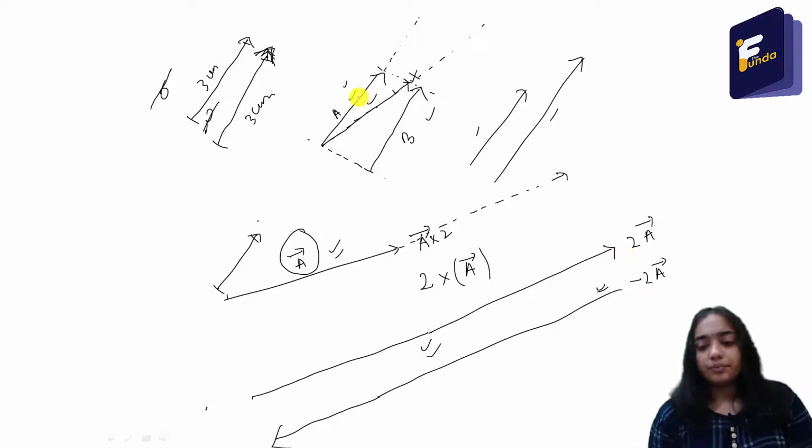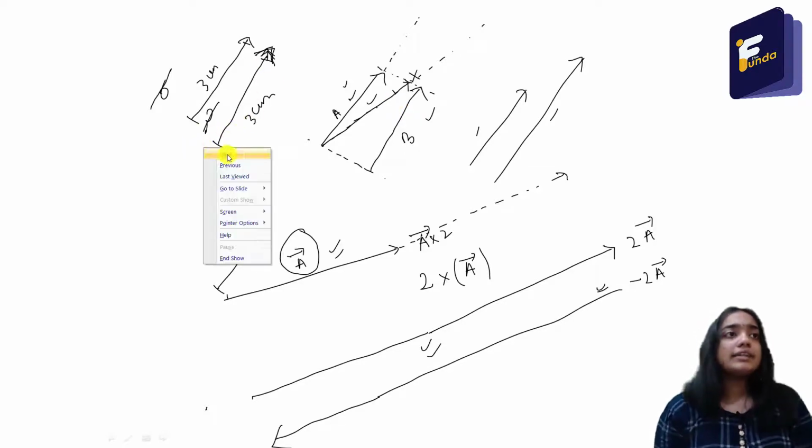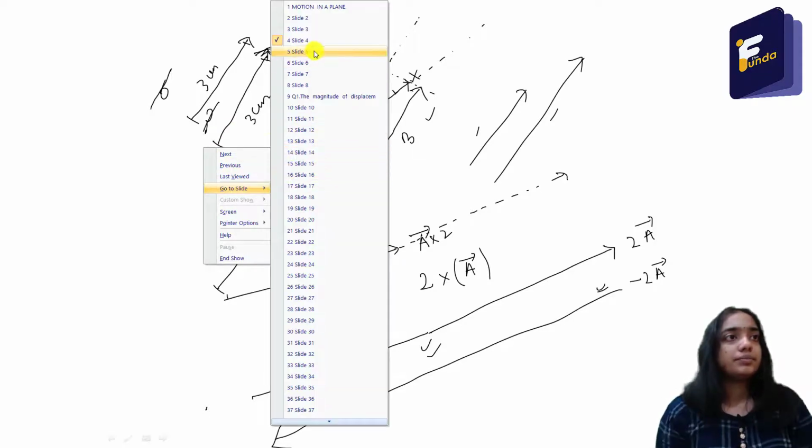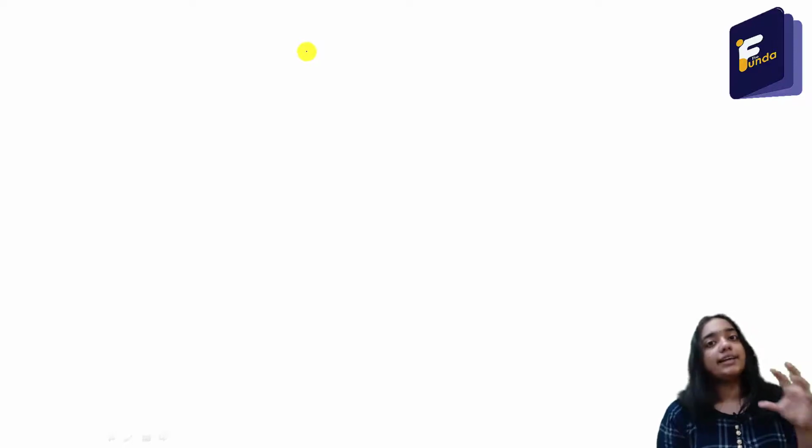So now we will learn about addition and subtraction of vectors. How are we going to add and subtract two vector quantities? First, we are going to learn about the graphical methods of adding and subtracting vector quantities.